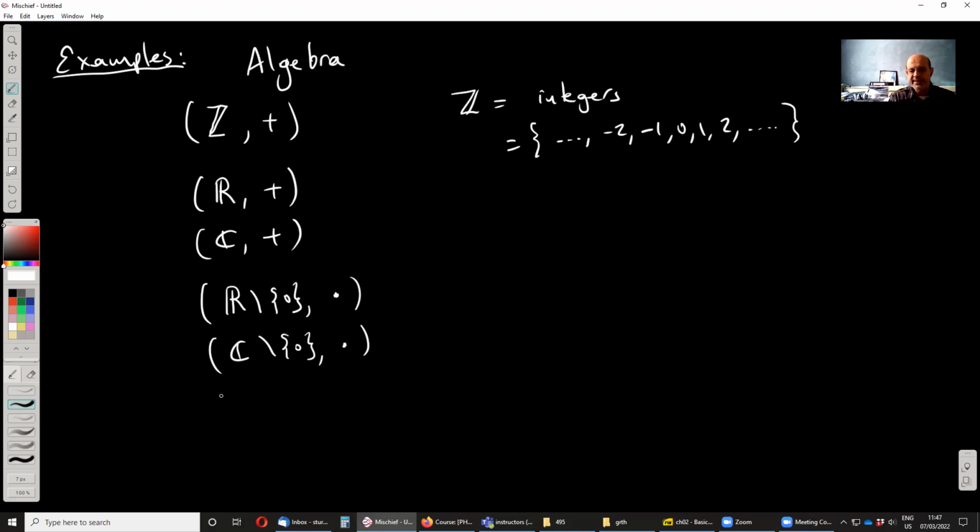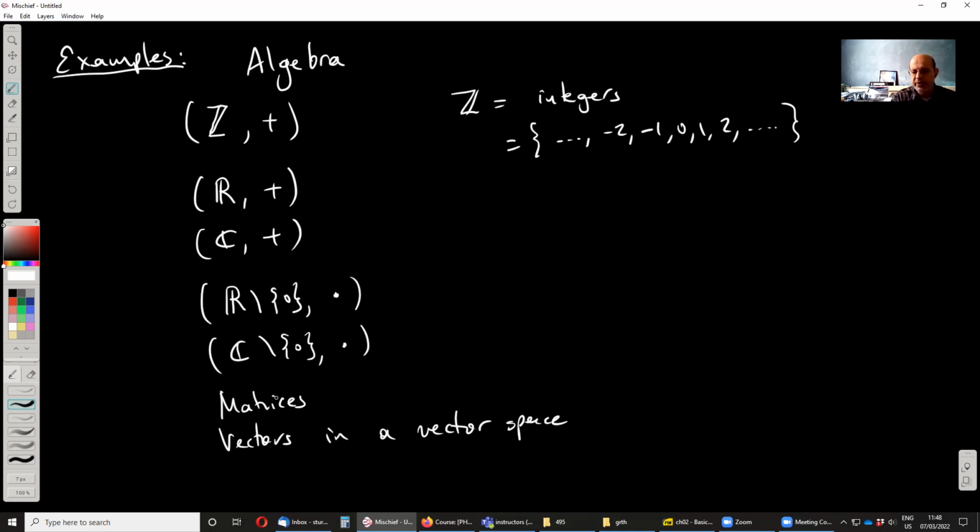And there are some other examples like the matrices, for example, or the vectors in a vector space together with addition. And matrices satisfy certain properties with multiplication, for example, matrix multiplication, if we just exclude non-invertible matrices.